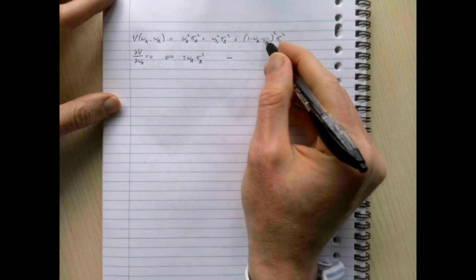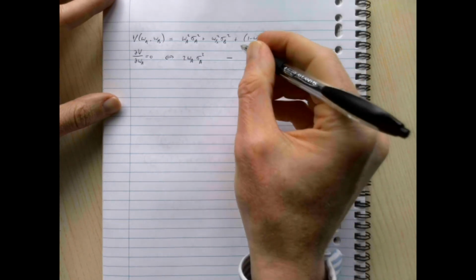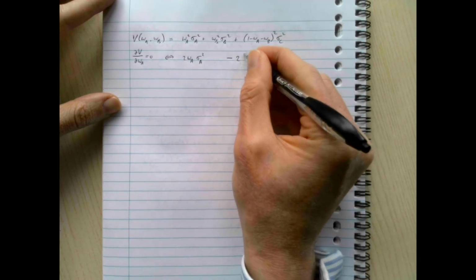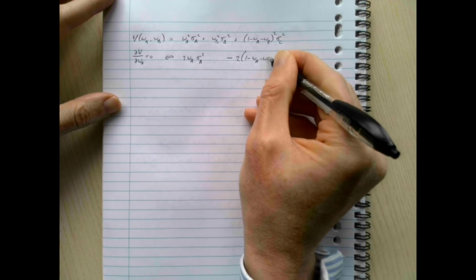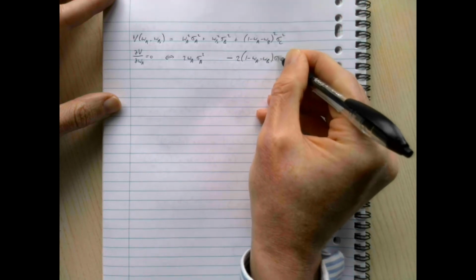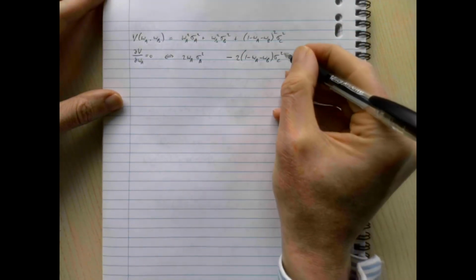And the exterior function is squaring this thing. Taking the derivative then gives us this bit. This is the partial derivative with respect to WA, and it should be 0. That's the first order condition.